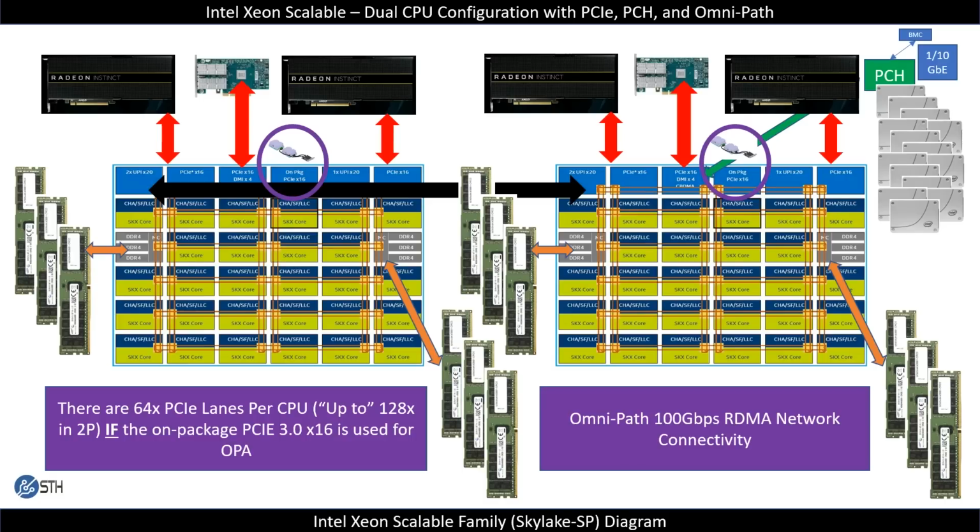However, they actually can scale up to 128 lanes, so their design was up for 128 lanes, but they just have 48 lanes that are potentially available to the vast majority of users. Before we move on, the other thing to note here is that the Omni-Path is actually a 100 gigabit per second RDMA network link and only cost about $155 premium to a standard SKU.